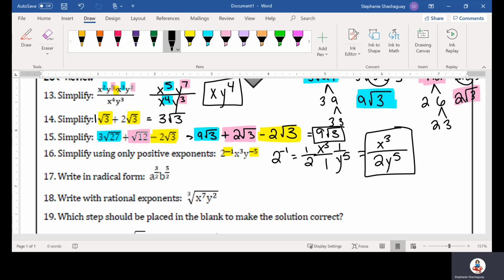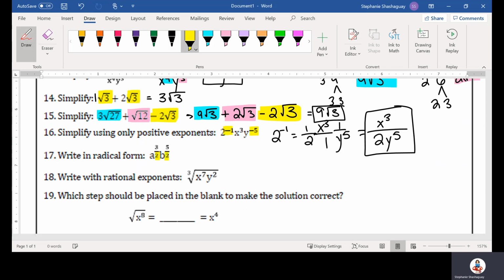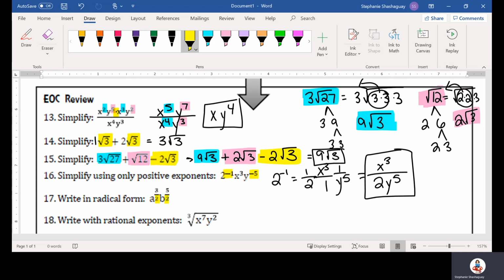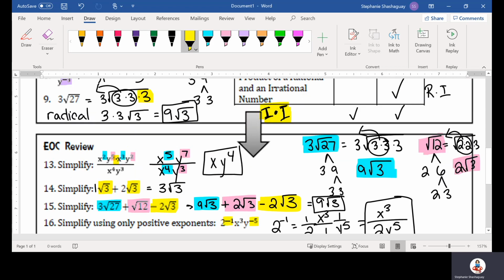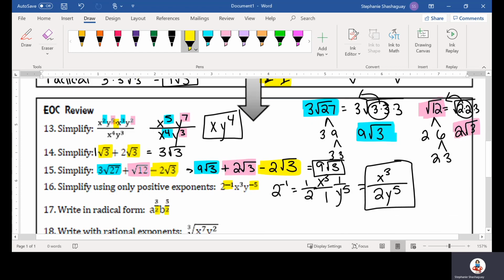Number 17, write in radical form. So we have a to the 3/2 over b to the 5/2. So this 2 is my denominator. I want to use the same colors I did before, and I did. Good.